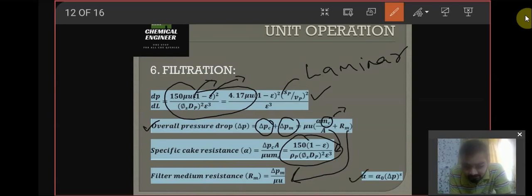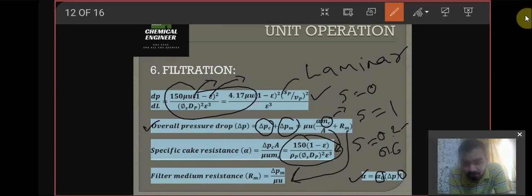Similarly, we have this correlation for the specific cake resistance: alpha equal to alpha naught into delta p raised to s, where s is a constant and alpha naught is also a constant. The s value changes from 0 to 1, and generally it is in the range of 0.2 to 0.6.